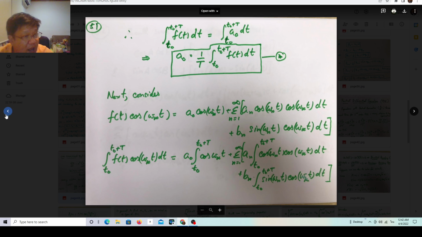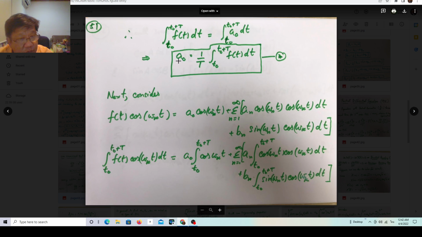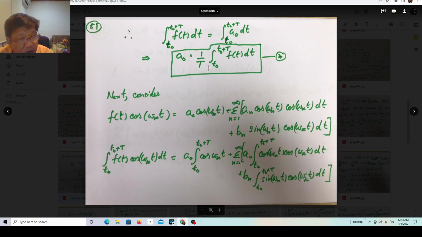So you look back at the original problem. If you replace t by x, you can find a sub 0 equal to 1 over T times the same integral, if your function of x is a periodic function. You'll be able to solve this in a general form when you know the function.